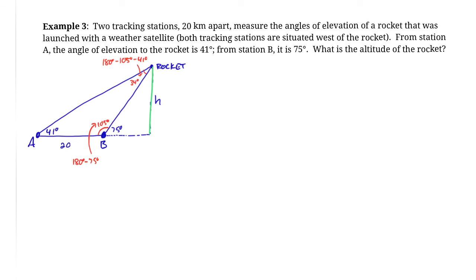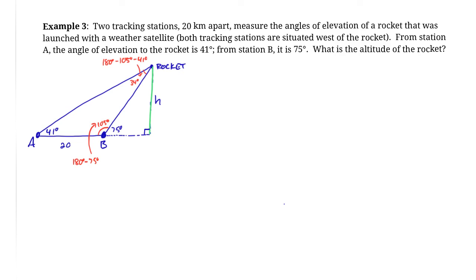Now if we look at this diagram, we actually have two triangles that are involved. We have this triangle right here, and then we have this triangle. That second triangle happens to be a right angle triangle, and we're looking for this height H in this right angle triangle.